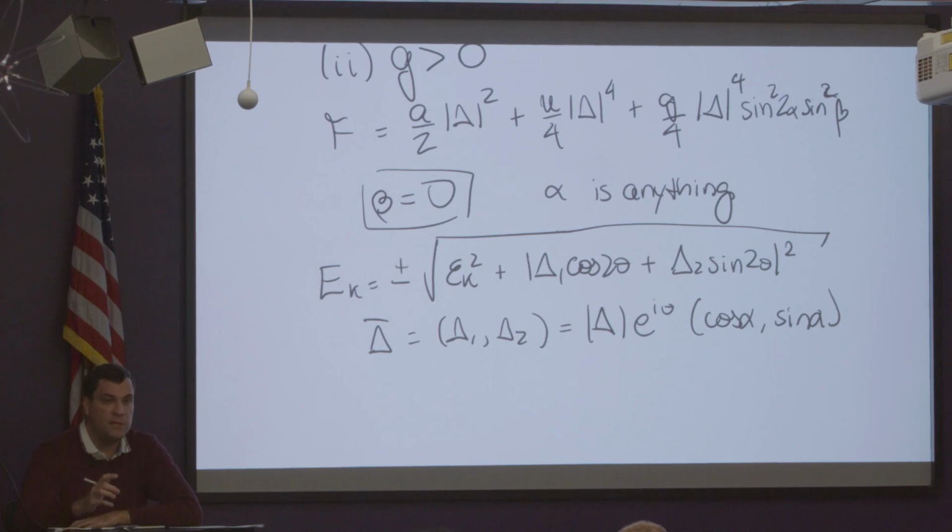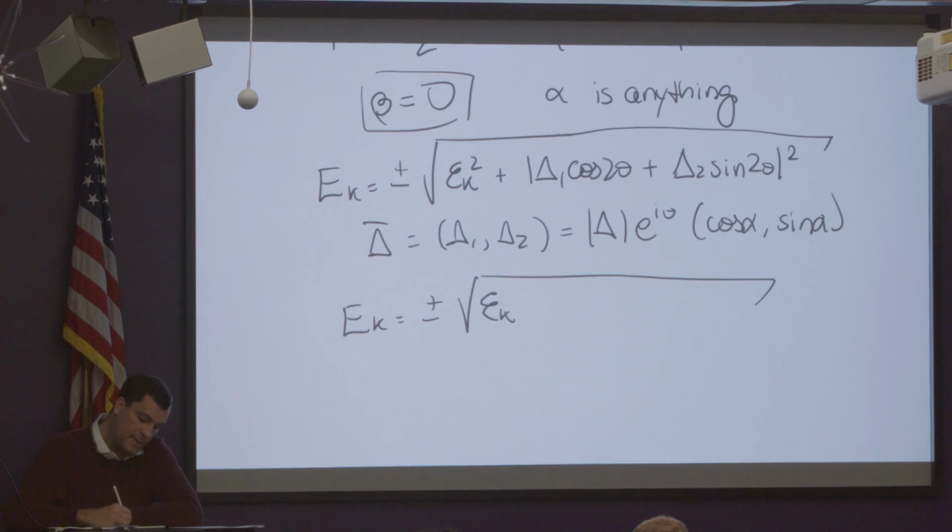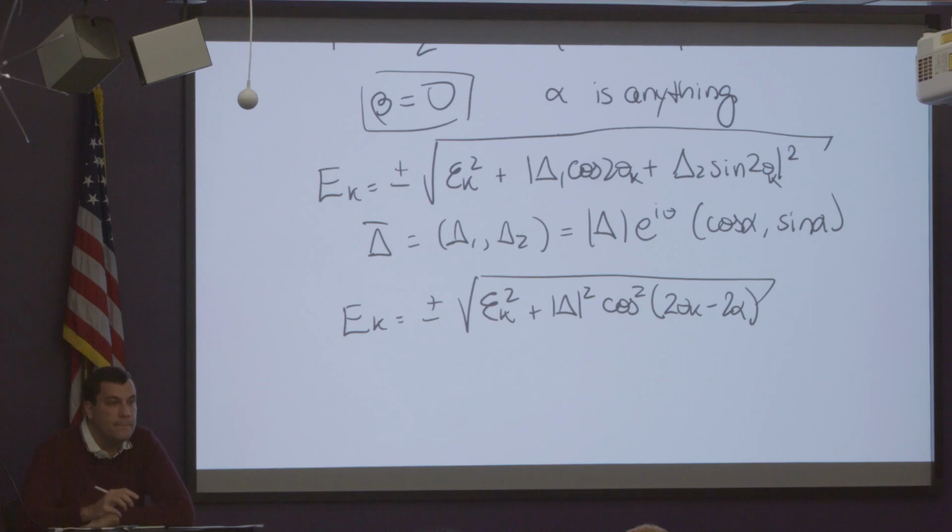I'm defining the phase between minus pi over 2 and pi over 2, so I don't need to worry about that. So if I do that, you can work this out, and what you're going to find is that I have this guy plus mod delta squared times a cosine squared of 2 theta k minus 2 alpha.